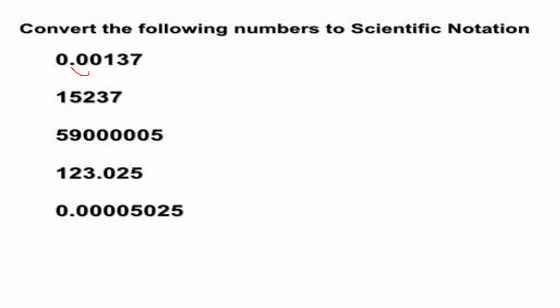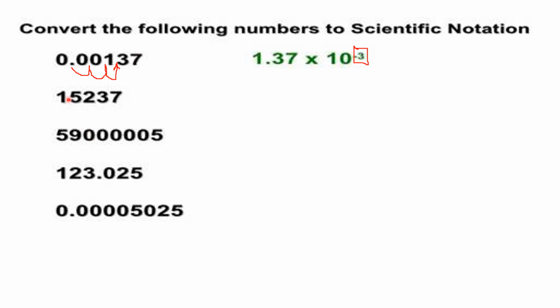So 1, 2, 3. Since I move the decimal point 3 steps to the right, I have to put a negative exponent. So here it will be 1.37, after the first number we put the point, and then I moved the decimal point 1, 2, 3 steps to the right. So I put a negative exponent.